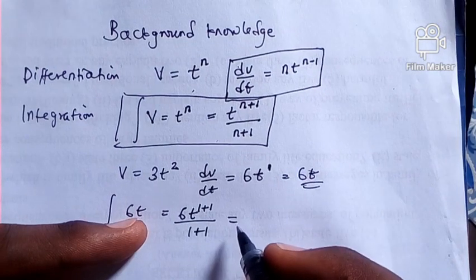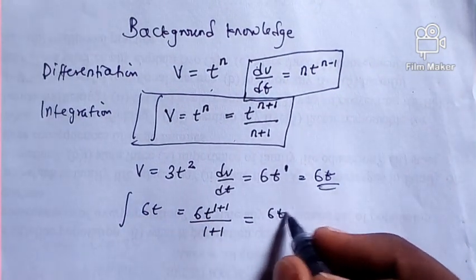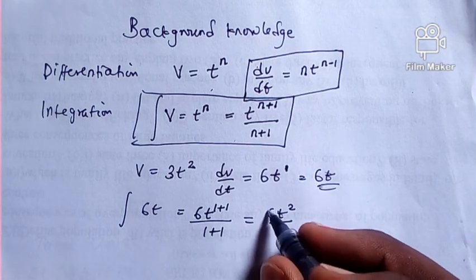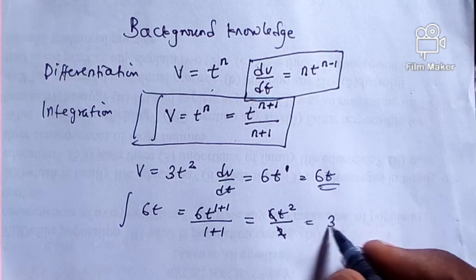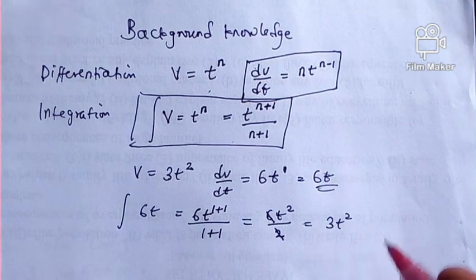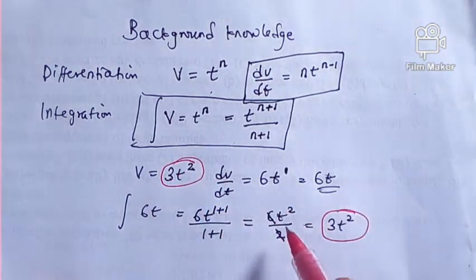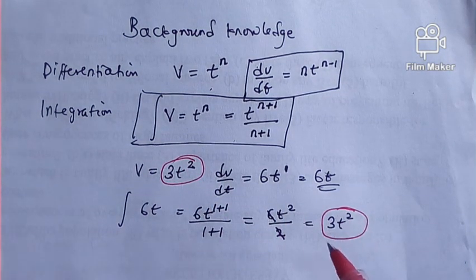That will be equal to 6t squared all over 2. You know that 2 can take care of 6 and 3 will be left. So the final answer is going to be 3t squared. Remember that this is the same as the original function, and that proves to you that differentiation and integration are opposites of each other. That's the background knowledge of differentiation and integration.